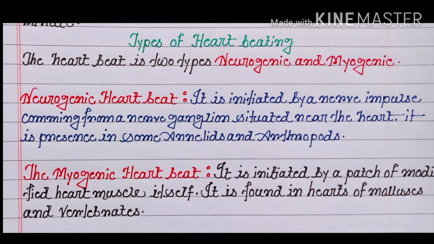It is present in some annelids and arthropods. On the other hand, in case of myogenic heartbeat, it is initiated by a patch of modified heart muscles itself. It is found in hearts of molluscs and vertebrates like humans.